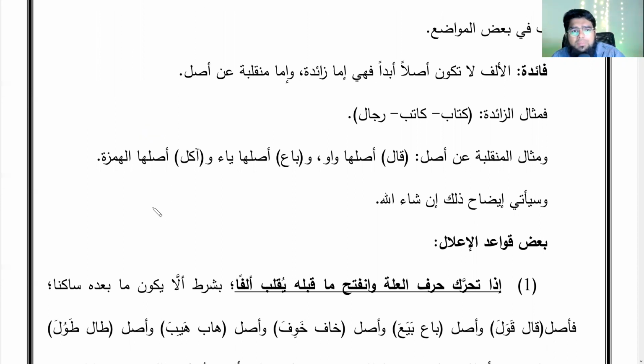It only happens in the ana form of mudari, in mahmuzul fa. This is called mahmuzul fa, right? The first letter is hamza. وسيأتي إيضاح ذلك إن شاء الله. The إيضاح will come. أوضح يوضح إيضاحا will come in future إن شاء الله. He'll explain all about hamzas and all the rules of hamzas also. Mahmuz.